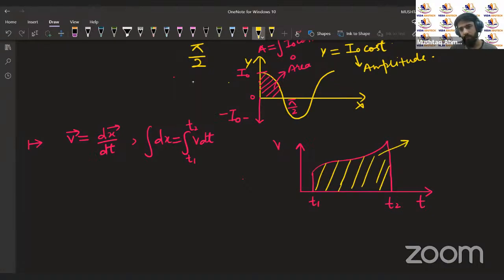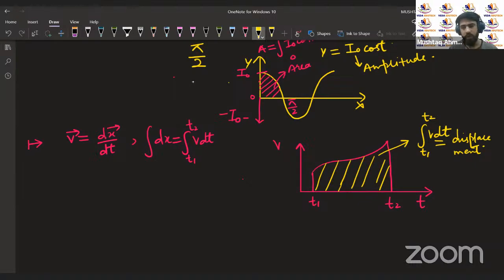And this area, once again, we will be calculating using this integral. If we integrate this velocity with respect to time within the limits t1 to t2, this is the area of this curve, but this represents displacement. This gives us the displacement.